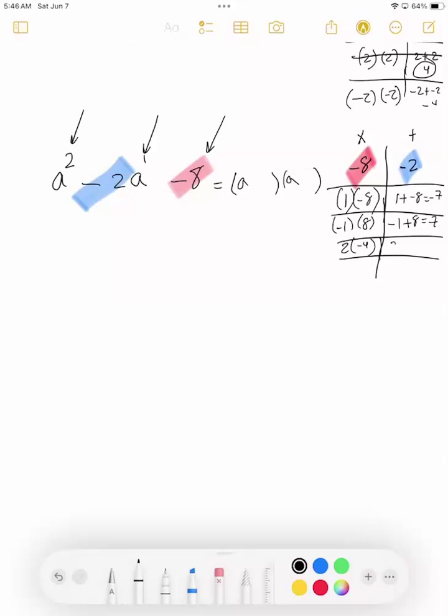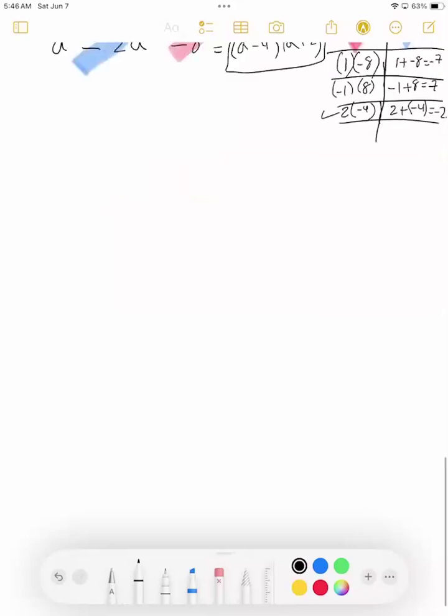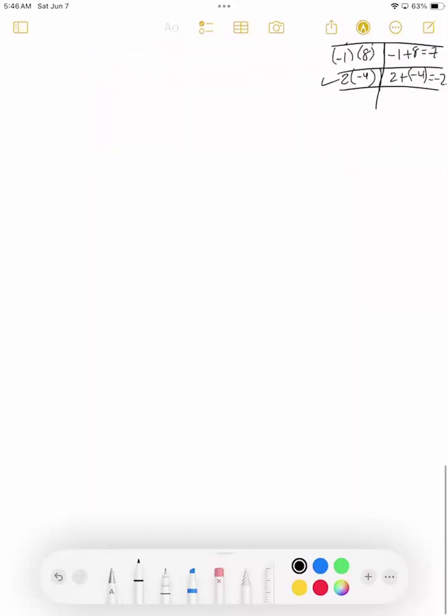If I add 2 and -4, I get -2. So I did find the factors. One is -4, the other one is +2. So these are the factors for this polynomial. So please practice multiple problems like that.